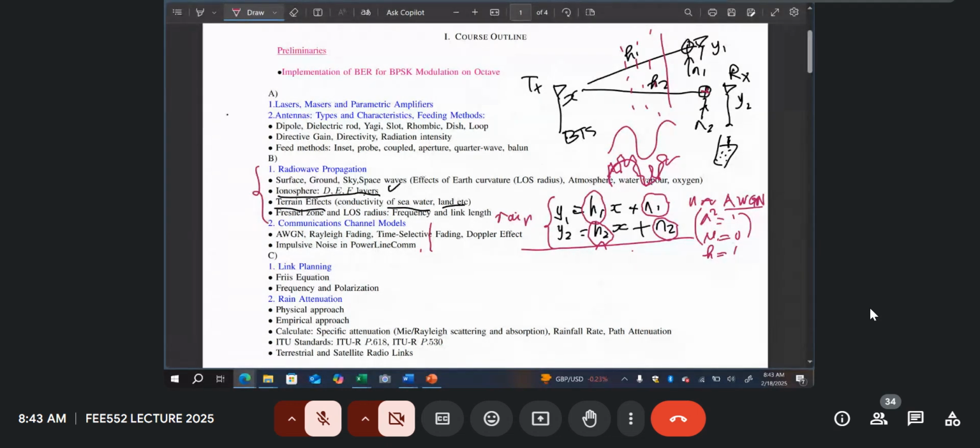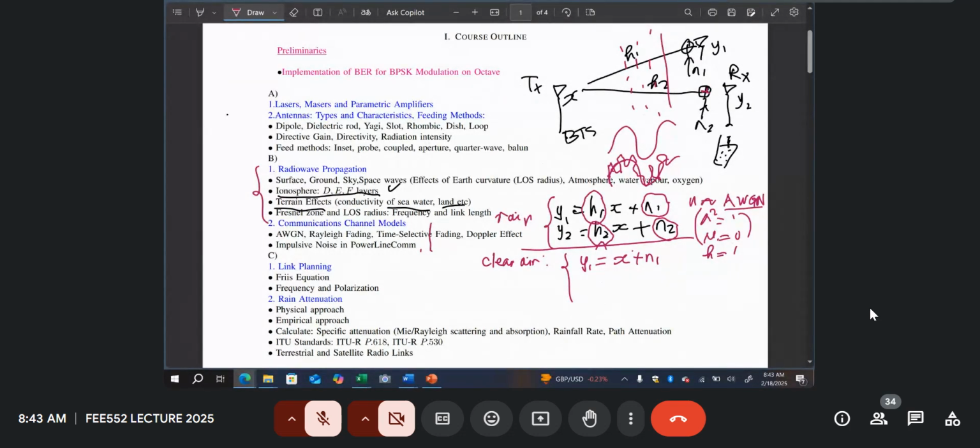Now let's say there's clear air transmission. So clear air, how would we write that? H is equal to 1. So the signal that you're receiving in your phone right now, H is equal to 1. So it means we can just write the signal as y1 is equal to x plus n1. But you see, n1 we can't avoid because this is due to the circuitry in your phone.